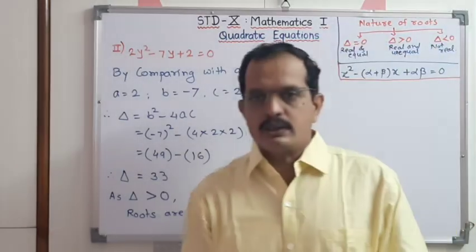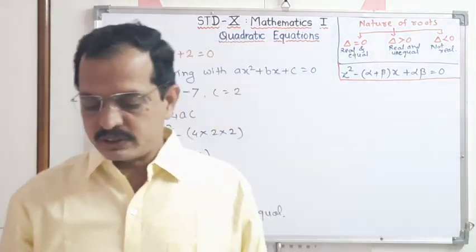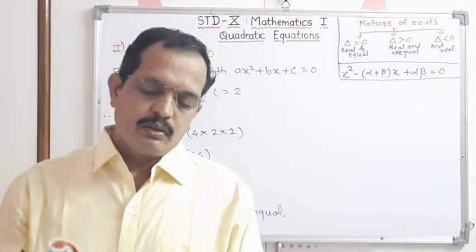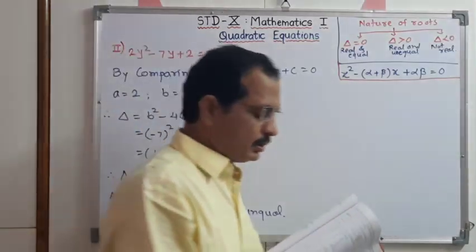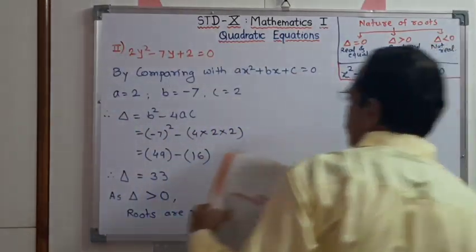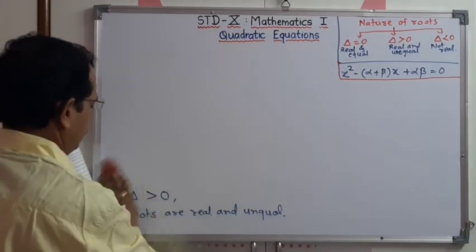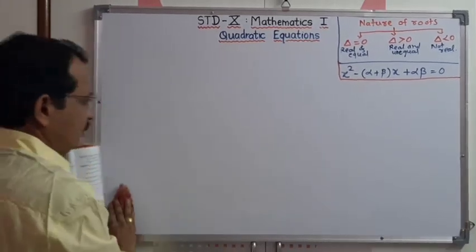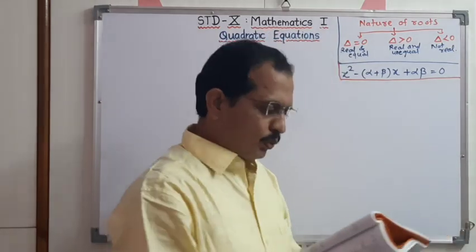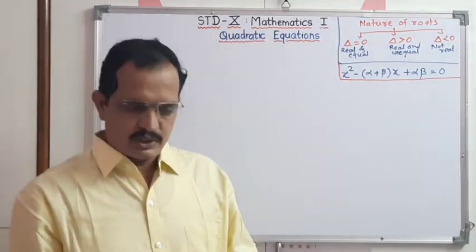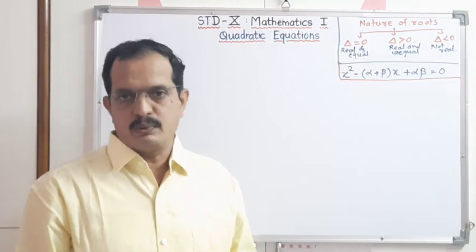Now see the question number fourth one is given. In that, fourth sub questions are there. See the question. Form the quadratic equation from the roots given below.